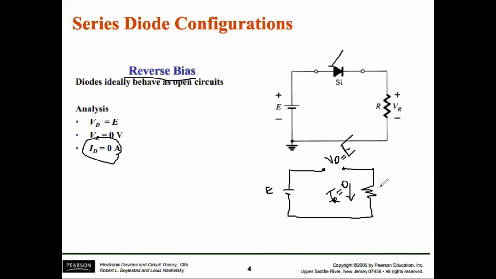So if IR is equal to 0, the value of VR, which is equal to IR into R, will always be equal to 0. So this is basically the reverse bias case, because in the reverse bias case, in ideal condition, the diode will behave as an open switch. So that's it. Let's move on.